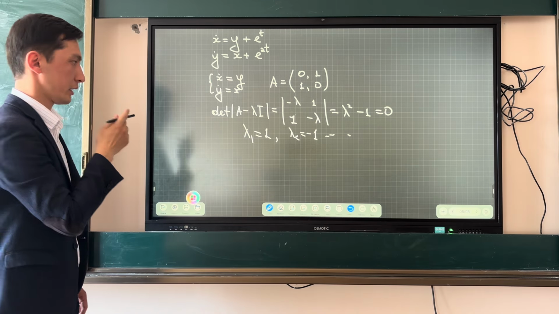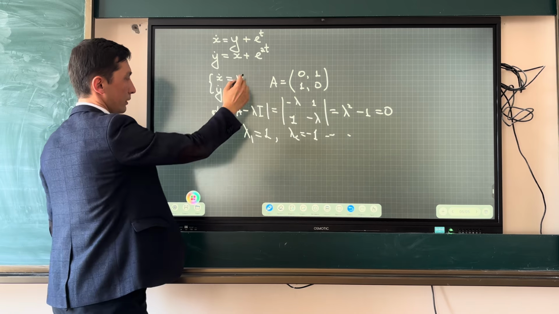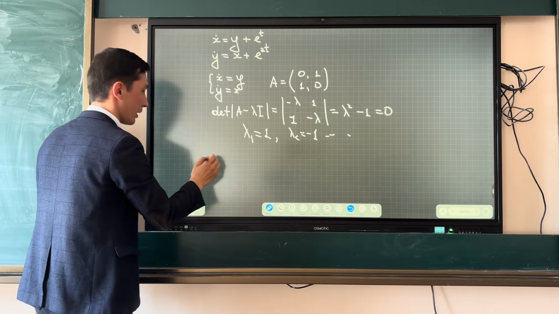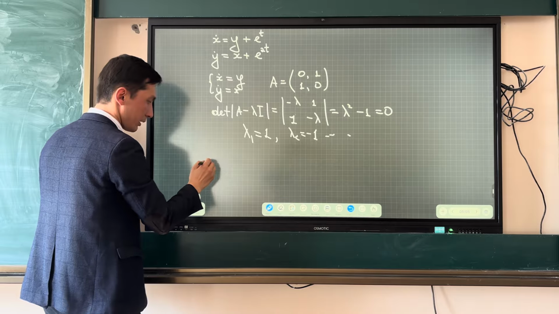So we can write the general solution of the non-homogeneous system in the following form.